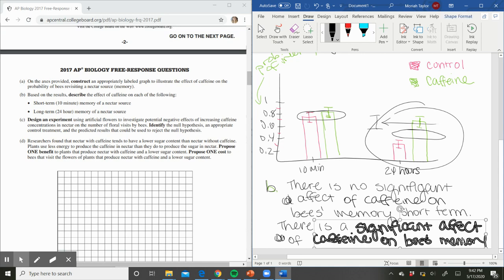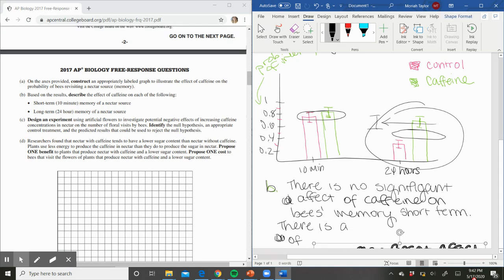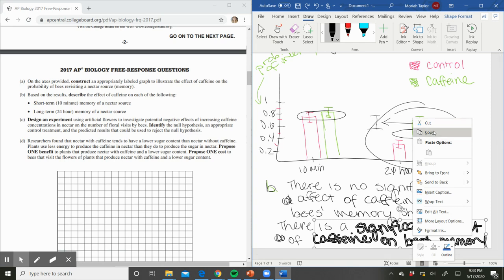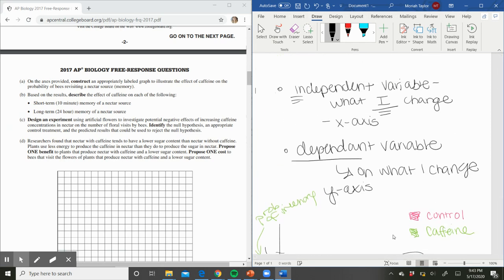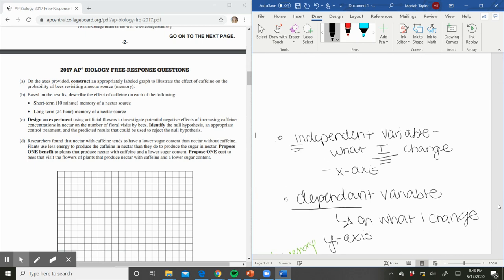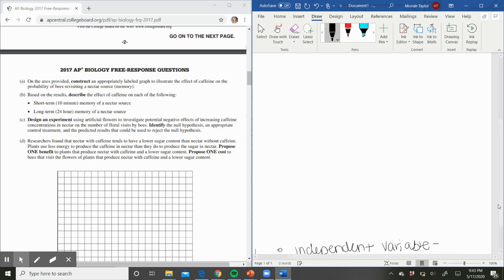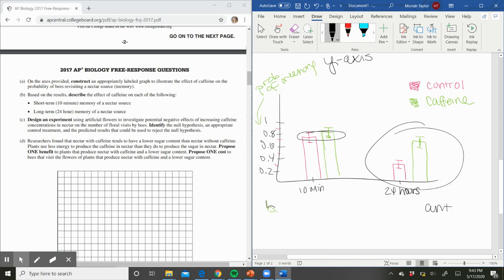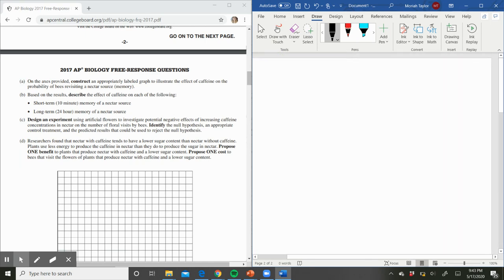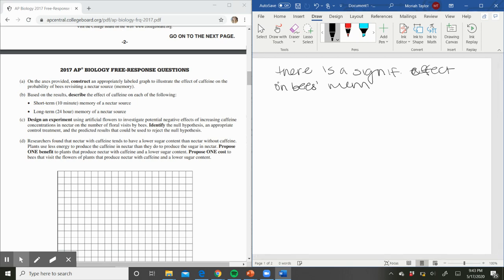Sorry, so there is a significant effect on the bees' memory long term.